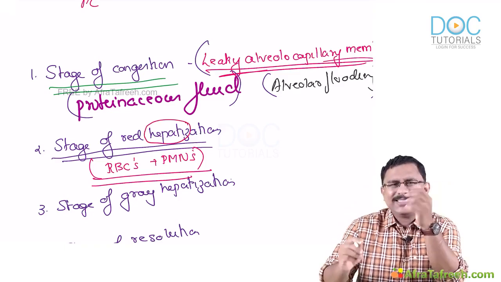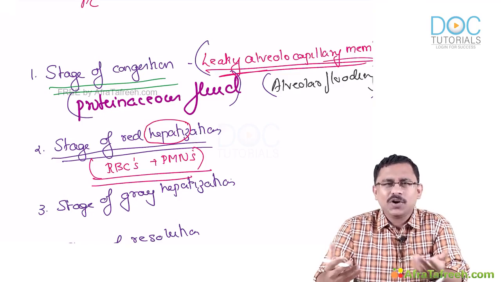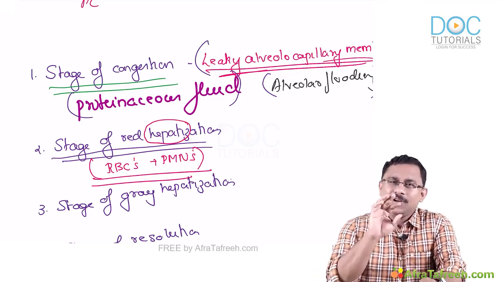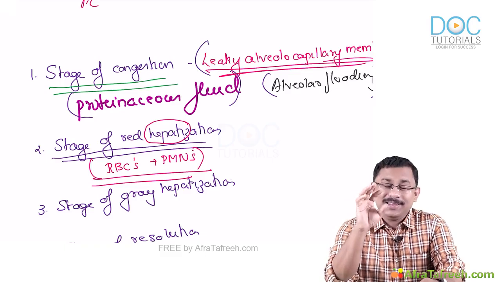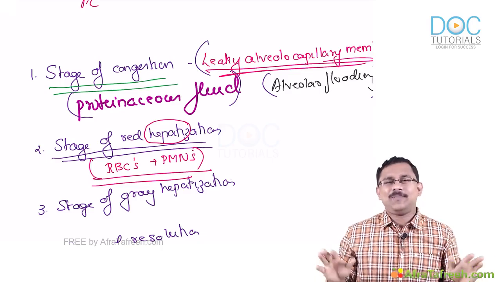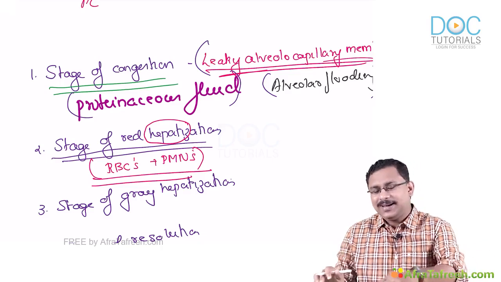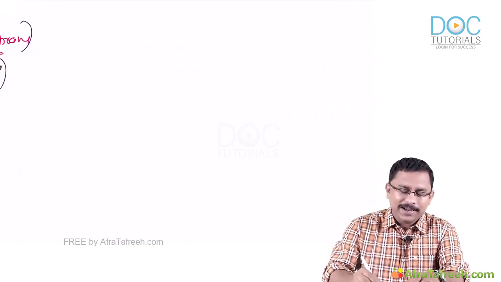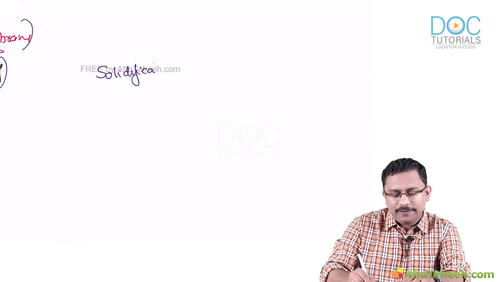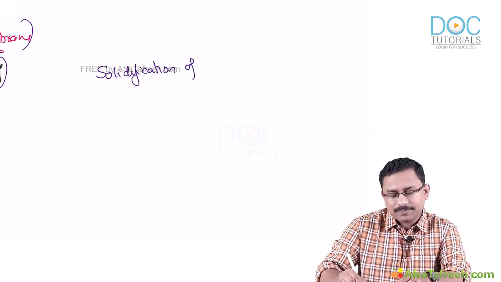See, why do you say it is hepatization? You're talking of lung. Why bring in liver here? See, normally the alveoli is filled with air. But in pneumonia, it is like your lung parenchyma is solidified, correct? There is a solidification of lung parenchyma.